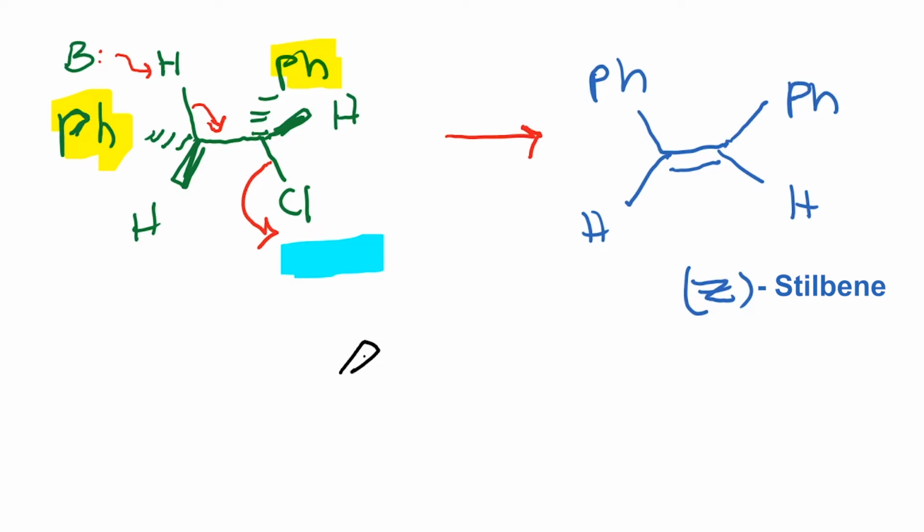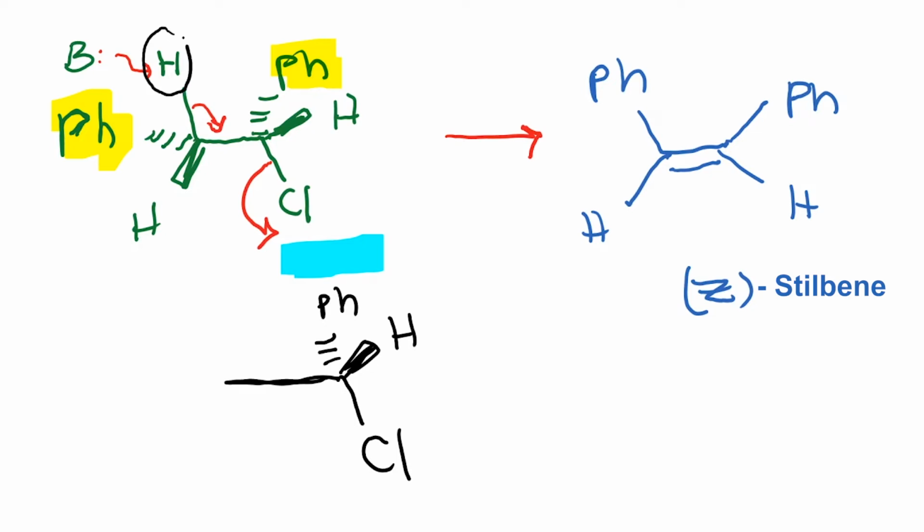Let me just draw this out the way it is drawn. So we have phenyl, hydrogen, Cl, and this is the carbon-carbon bond. And now when I do the rotation, I'm going to move this hydrogen further down, and the phenyl ring is going to be over here. So this hydrogen goes here and this hydrogen goes here.